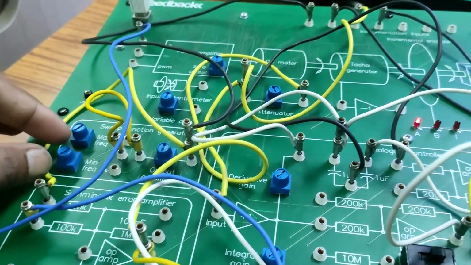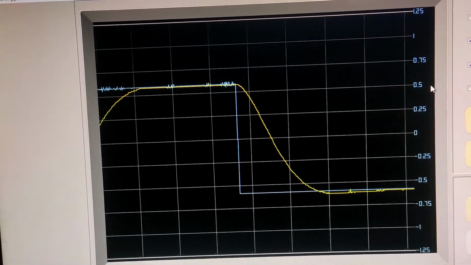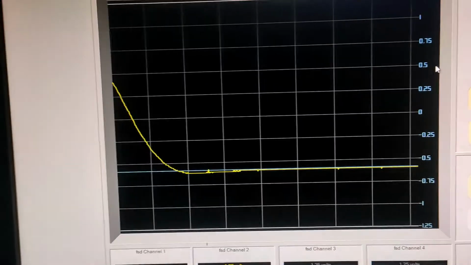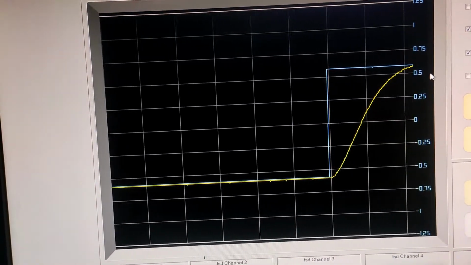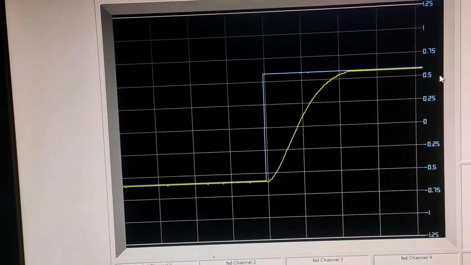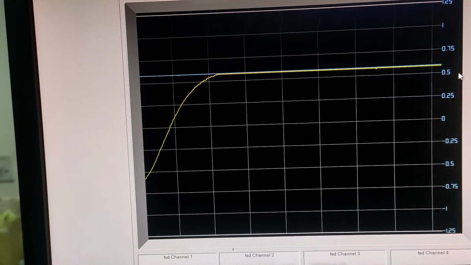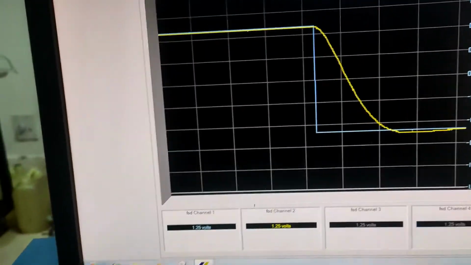We are increasing the time between these 2 points of this square wave, where now the time frame is more to get another change in voltage. See, in this case it is almost following the steady state, but it will take some time.